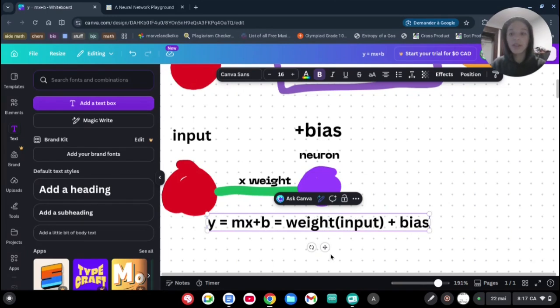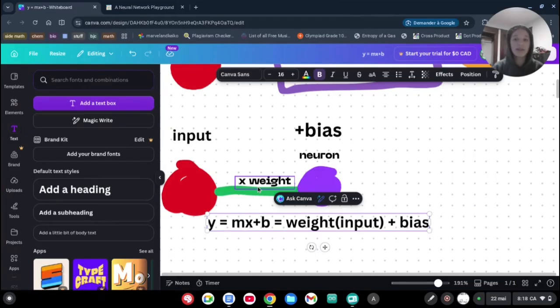And a linear function on a graph looks like a straight line. We can create any straight line with this type of equation. We can choose its slope, and we can choose where it intersects the y-axis, so we can choose its y-intercept.